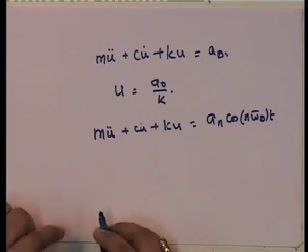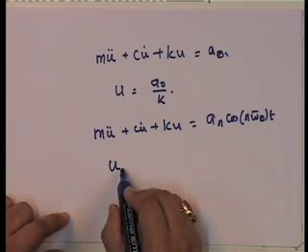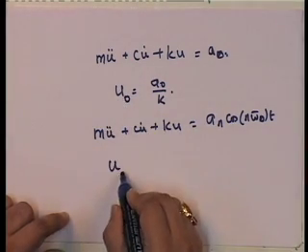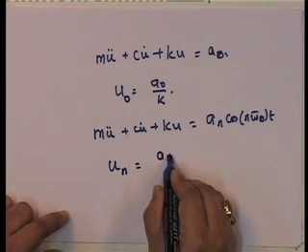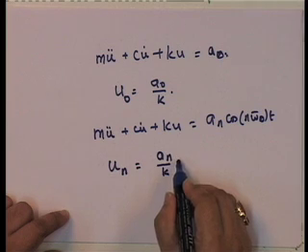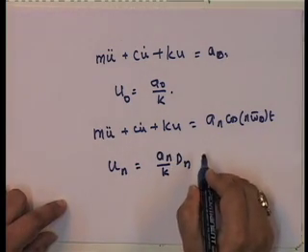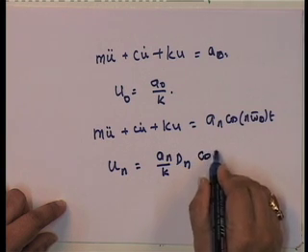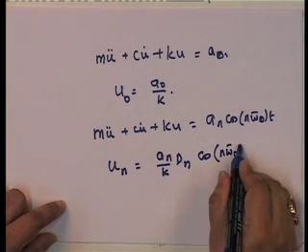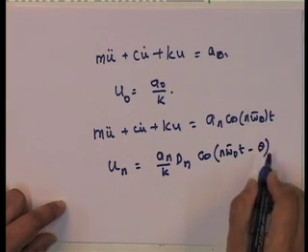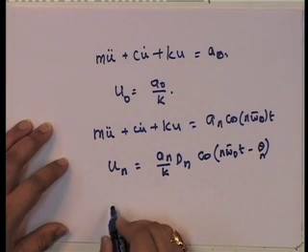The solution to this is the following: u n is equal to A n upon k into d n, I will write out what d n is, into cosine n omega 0 t minus theta n. I know that. What is d n?